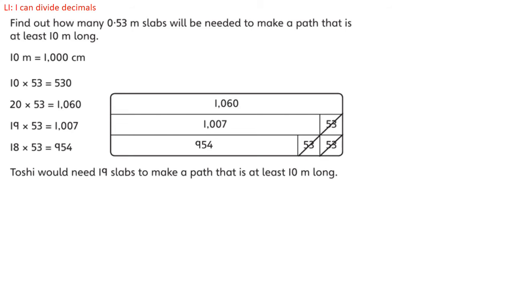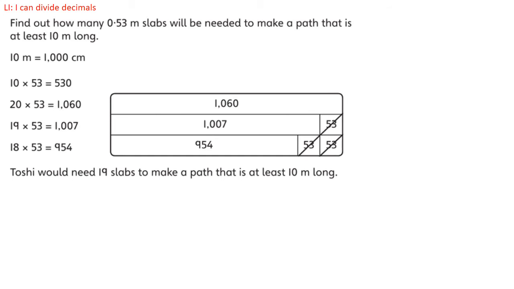But that's too long, isn't it? So I'm going to have to use a little bit more of trial and error. If I take away 53, so I take away one slab, I've got 1007 centimetres. So that's quite close, isn't it? If I took away another slab?